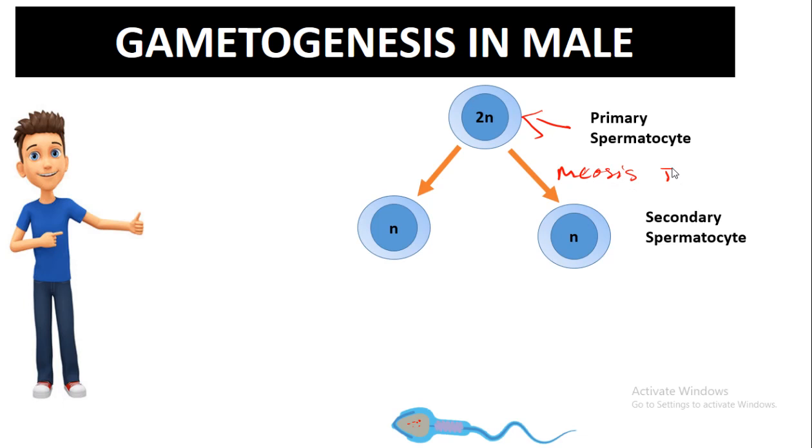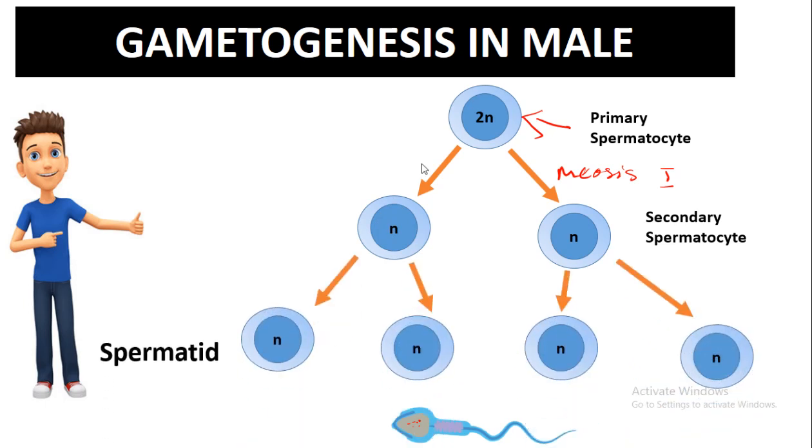So it is meiosis 1 which produces a secondary spermatocyte from a primary spermatocyte. When the secondary spermatocyte undergoes meiosis, we are going to have a spermatid. This spermatid is what we can also call a sperm.